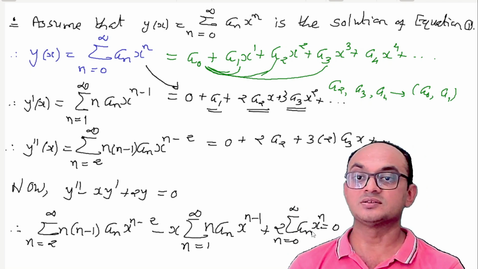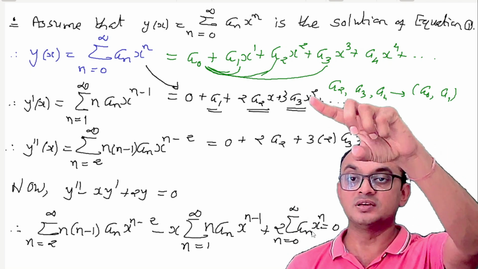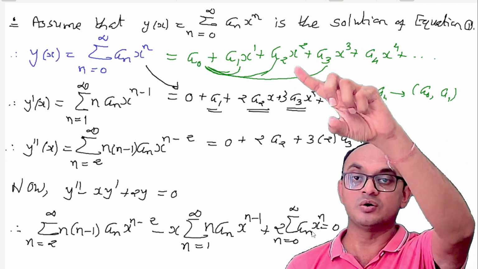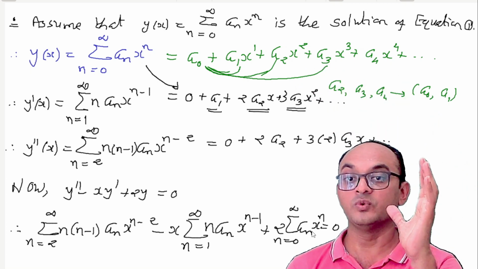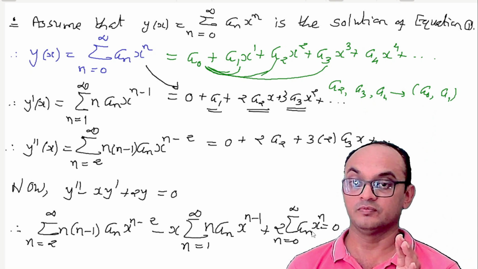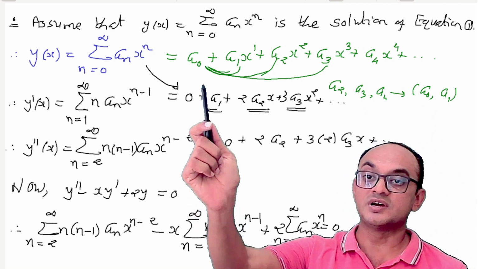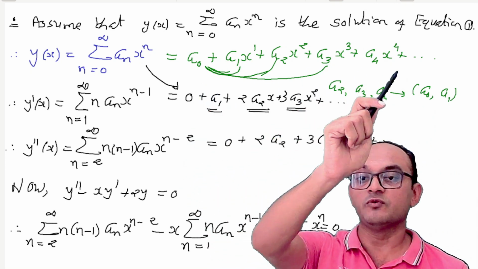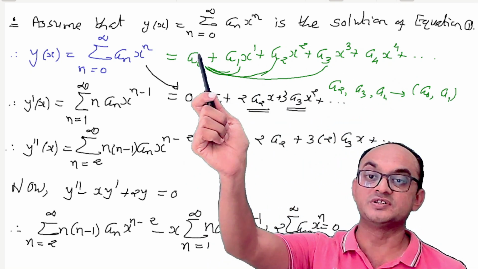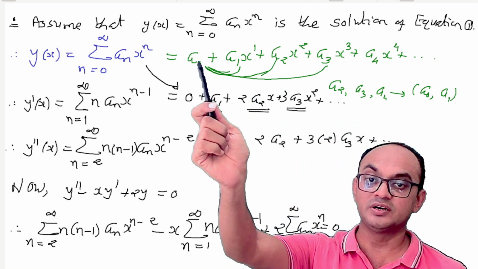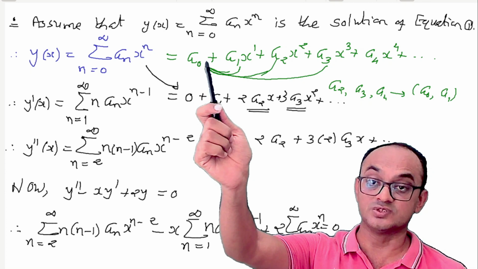What is our task? Keep in mind our task is we need to find out what is the relation of A2, A3, A4 with A0 and A1. Right, now see, A0, A1, A2, A3, A4, A5, A6, all these are coefficients. A0 is the constant coefficient, that is the coefficient of x raised to 0.